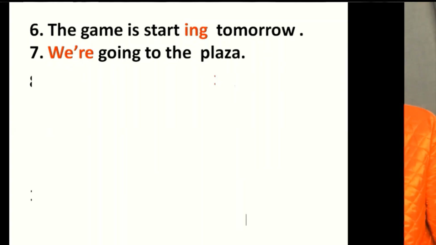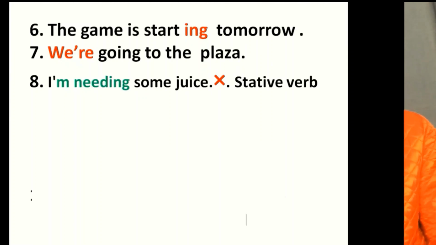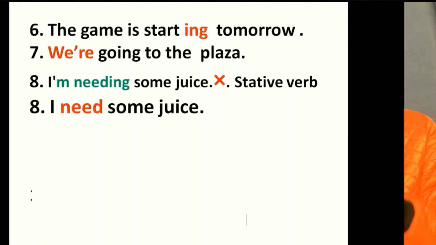I'm needing some juice. There's something wrong here. This is a wrong sentence. It's wrong because need is a state verb. So we don't use state verbs in present progressive. Instead we have to use the present simple: I need some juice.